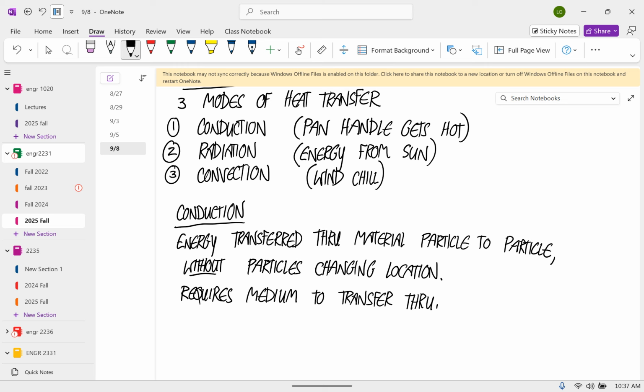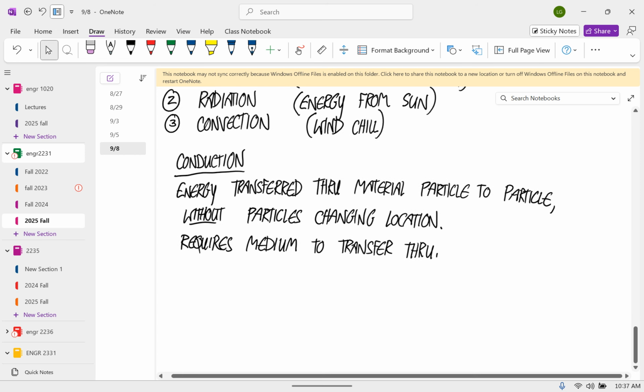So you can't get conduction across space from the sun to Earth, because once the vibrating particles get to the emptiness of space, there's no more path of vibrations that can happen.